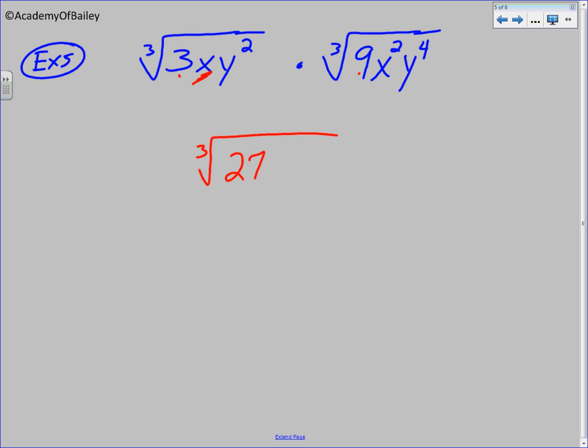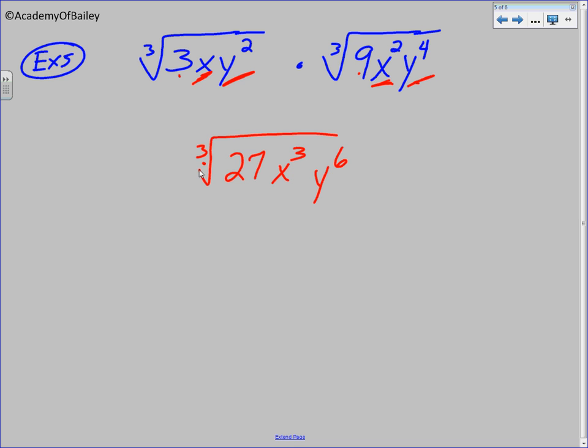X to the first times x squared is x cubed. Oh, that's exciting because we're going to be able to pull that x out. And then y squared times y to the 4th is going to be y to the 6th, which is even more exciting because there's 2 triplets of y's coming out.